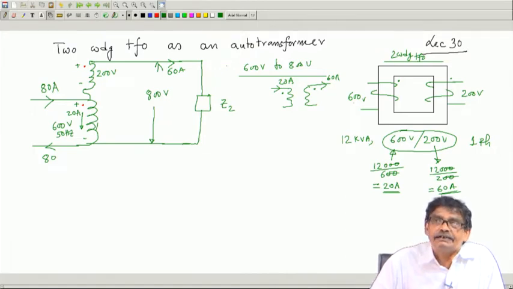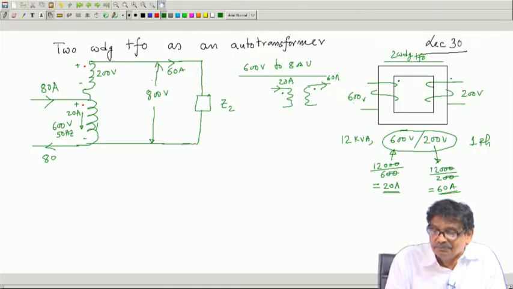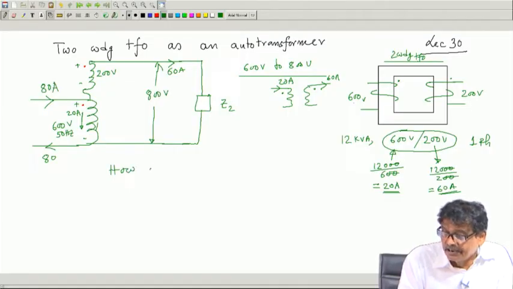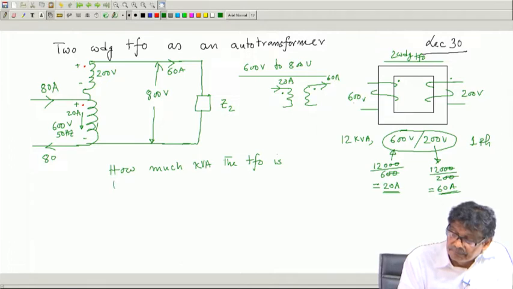But one interesting thing has happened, that is if you now look with an open mind, you will see this way if you connect, how much kVA the transformer is handling, that is the question.